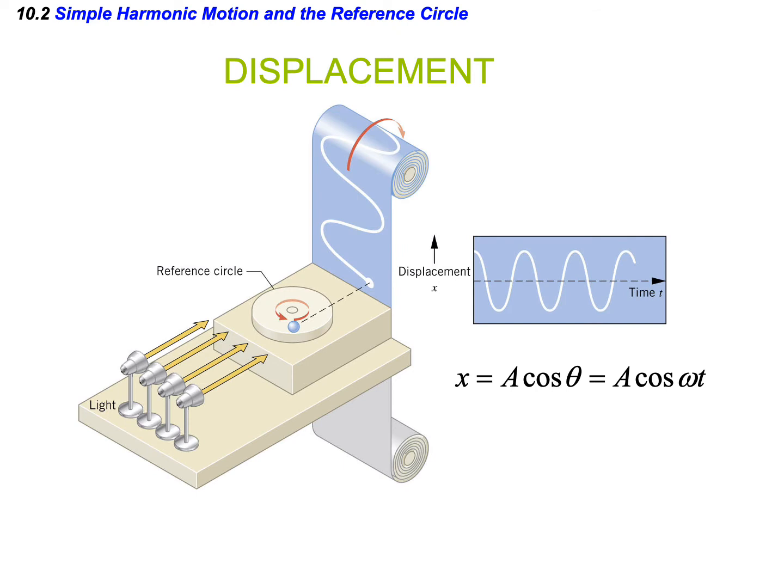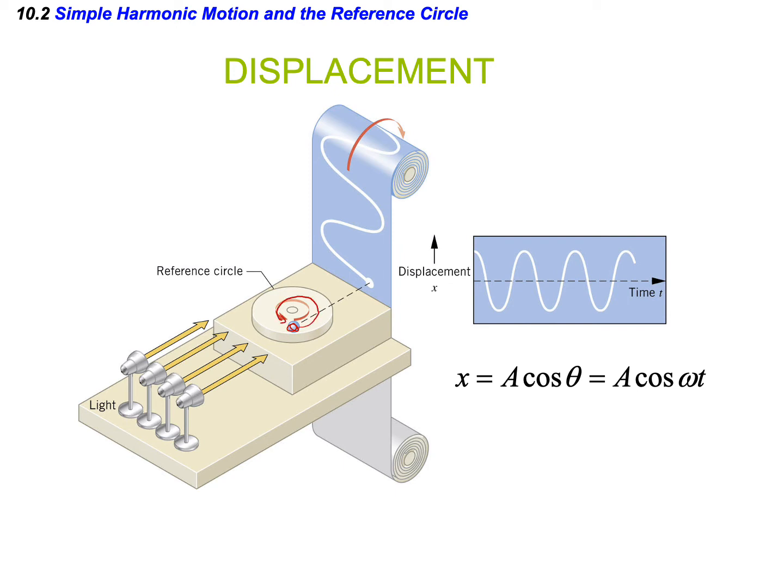This is an experimental setup we use to study simple harmonic motion. In this setup, we have a rotating circular table, and it has a small sphere attached to that spinning circle, and it spins in the counterclockwise direction.